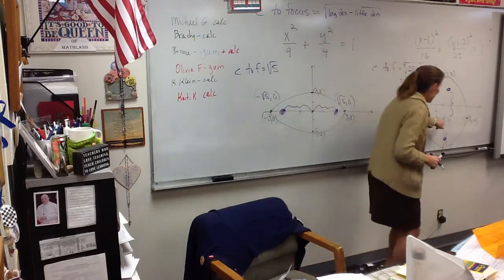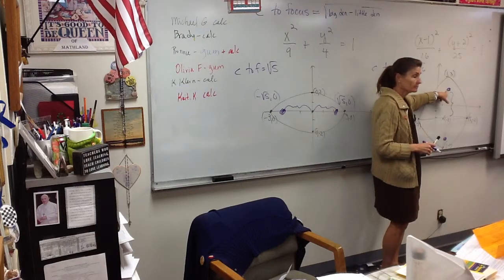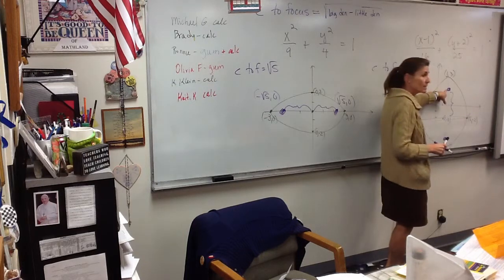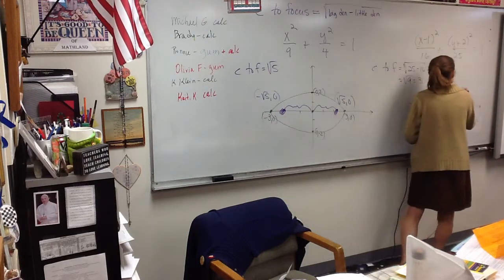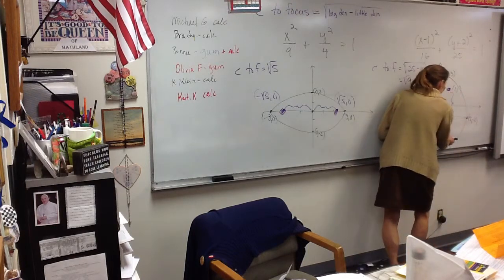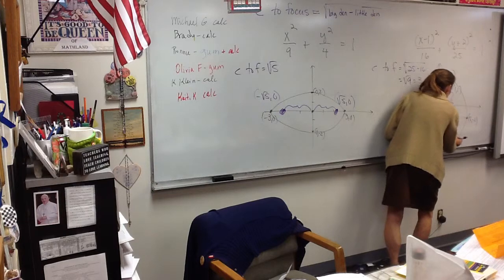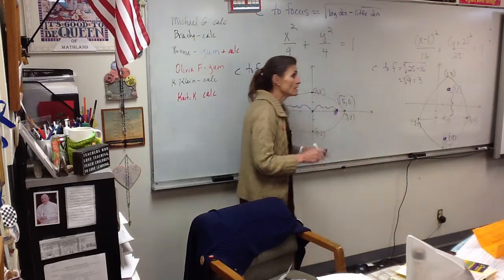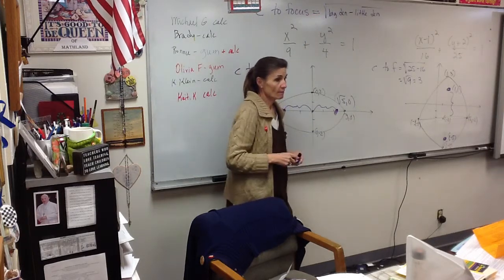That means you're going to start right here, and you're going to go up 3. So if you start here, and you go up 3, where will you be? 1, 1. What if you go down 3? Watch it, 1, -5. So your focus points are 1, 1, and 1, -5.